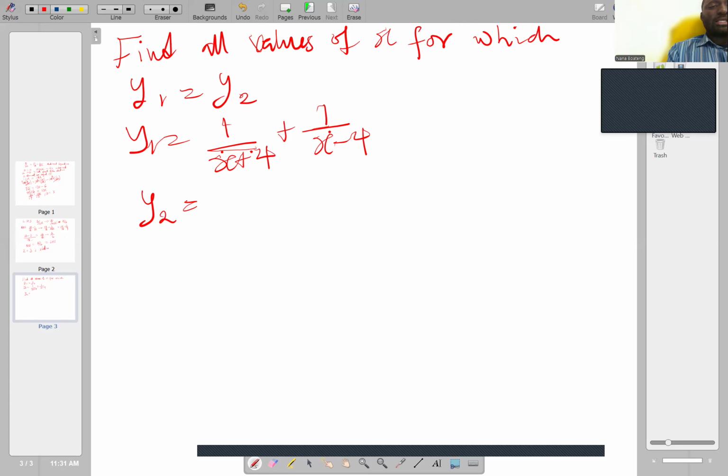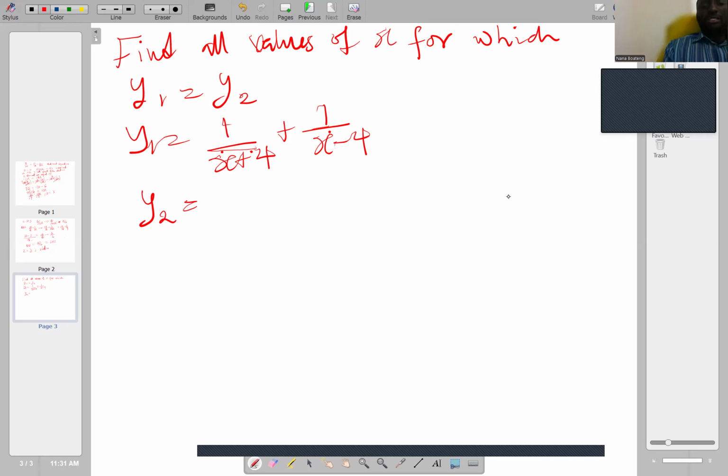So x minus 4 times x plus 4 times 1 over x plus 4, plus x minus 4 times x plus 4 times 1 divided by x minus 4, equals 22 divided by x minus 4 times x plus 4, times x minus 4 times x plus 4.